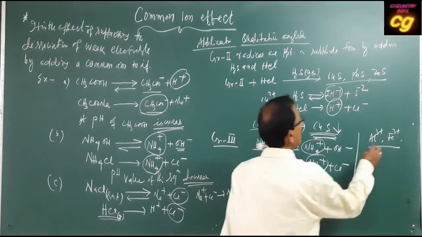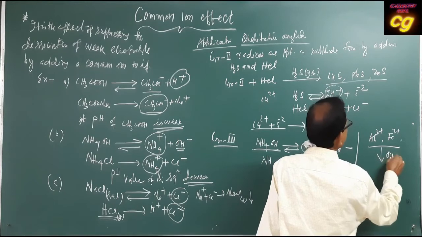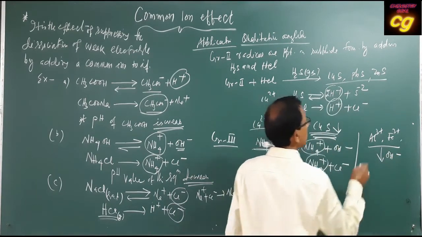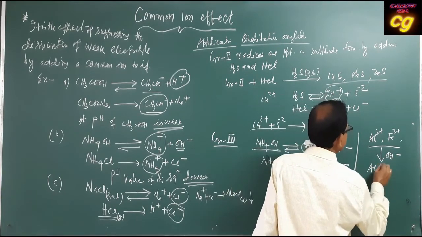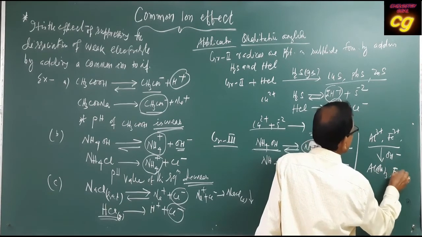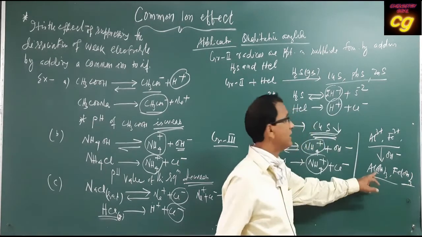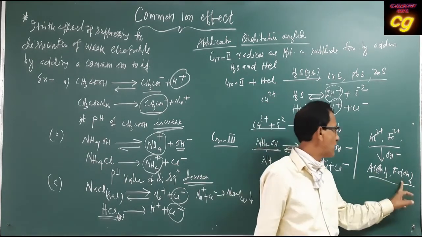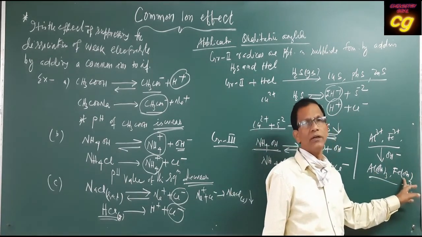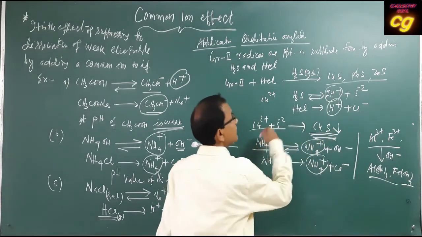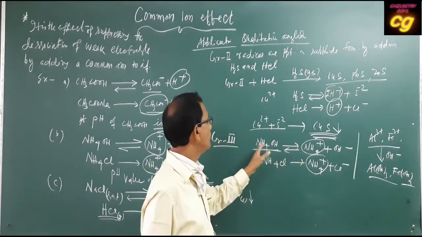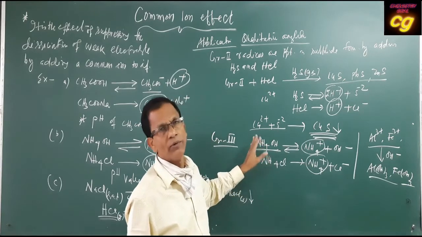These two ions combine with OH- from ammonium hydroxide, forming aluminium hydroxide, which is precipitated as a white precipitate, and ferric hydroxide, which is produced as a reddish brown precipitate, because instead of dissociation, it forms undissociated ammonium hydroxide.